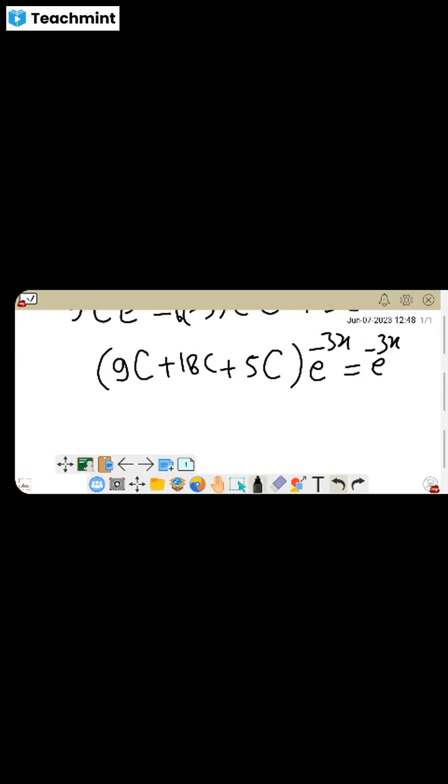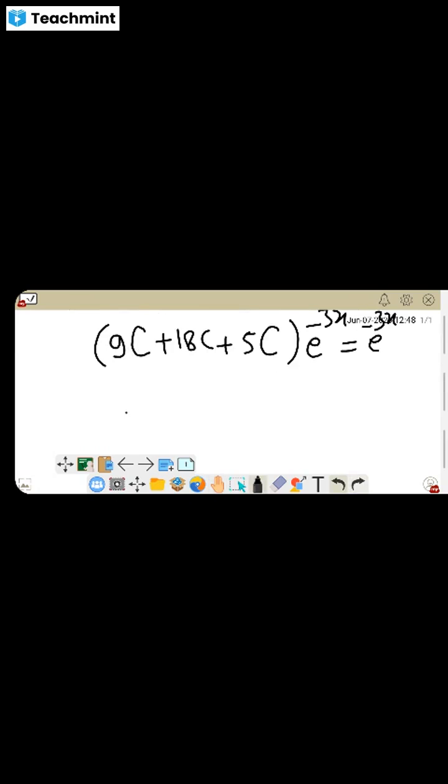Now cancel this e to the power minus 3x in the next step. So we have 9c plus 18c plus 5c, and now adding these values, we have 32c.